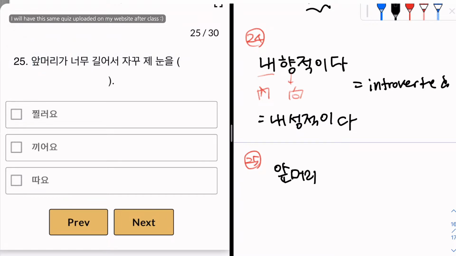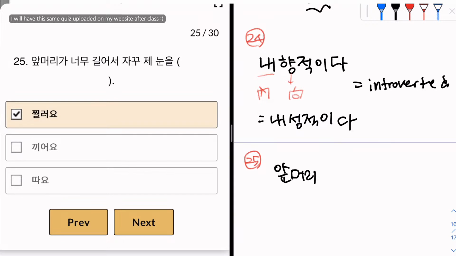My bang is too long. So 자꾸, constantly, it keeps doing that. 자꾸 제 눈, my eyes is an object. As you can see, it's marked by object marker. So the next verb should be a transitive verb, right? So if your bang is too long, what would it likely do to your eyes?